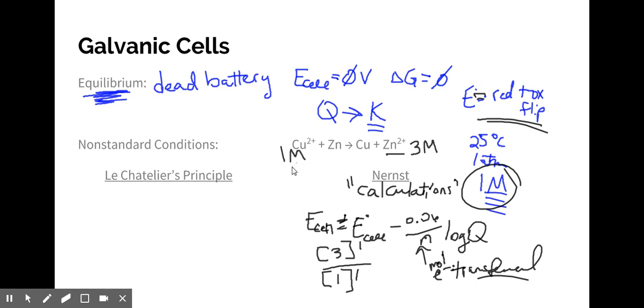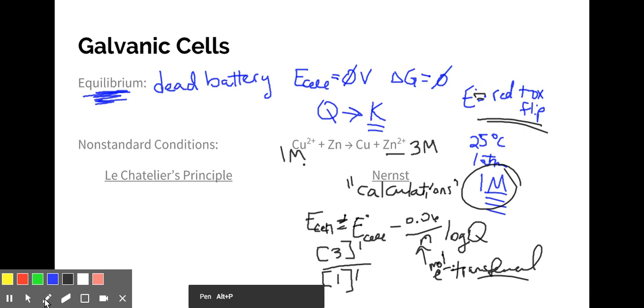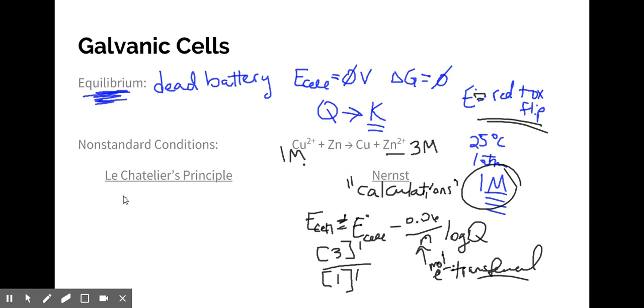So let's go back to that original value. We said that the copper was 1 molar and the zinc was 3 molar. Le Chatelier's principle, when we're working with it, anytime you have an increase in a concentration, you are always going to shift away. You're always going to shift away.